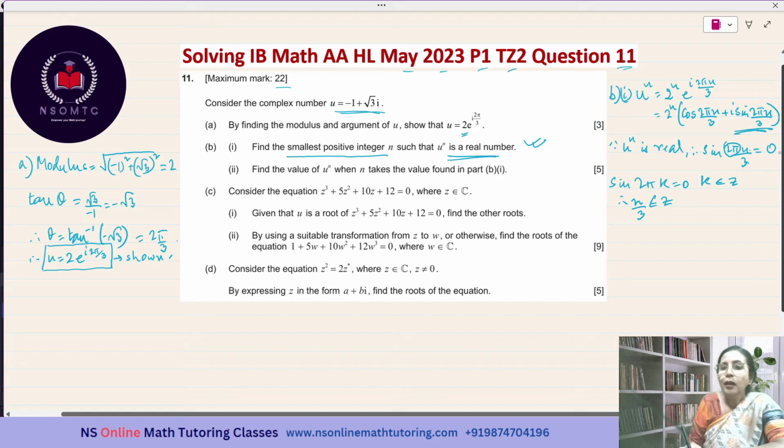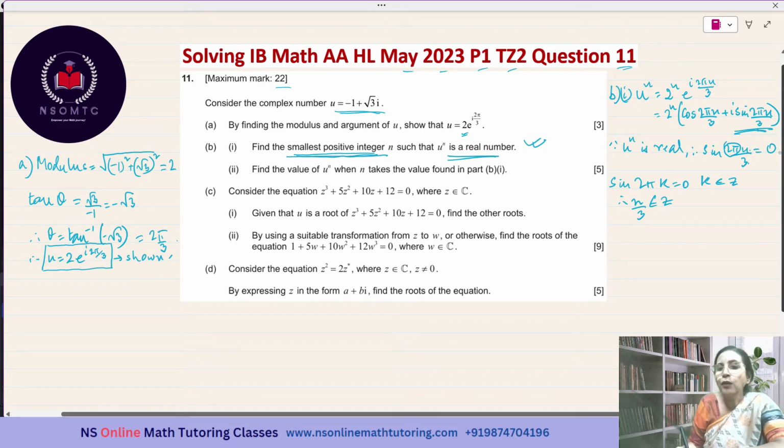I can take n equal to 0. 0 over 3 is equal to 0, and 0 is also an integer, but they are saying n is the smallest possible positive integer. So n cannot have a value of 0. It should have a positive integer value.